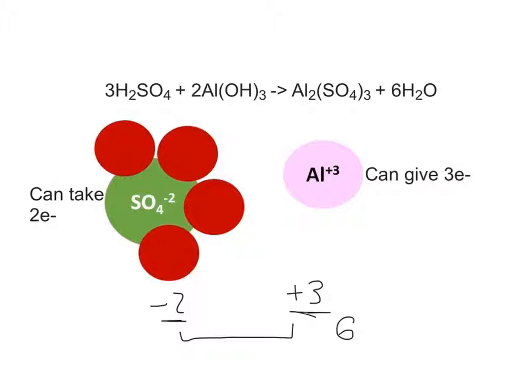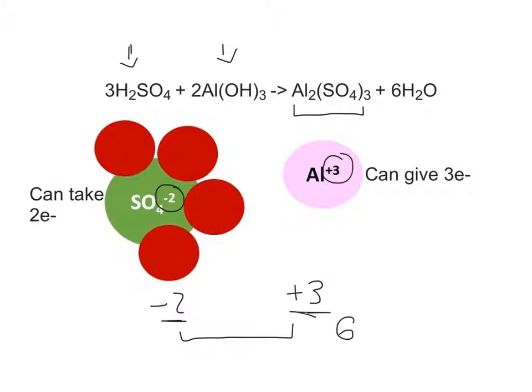So we need to replicate the molecule that aluminum comes in, so that we have a total of 6 electrons that aluminum can give, and we need to replicate the molecule that the sulfate ion is in, so that it can receive a total of 6 electrons. Now, how do we do that? If we're looking at the salt that's formed, Al2(SO4)3 and we take a look at the charges, we see something quite interesting.